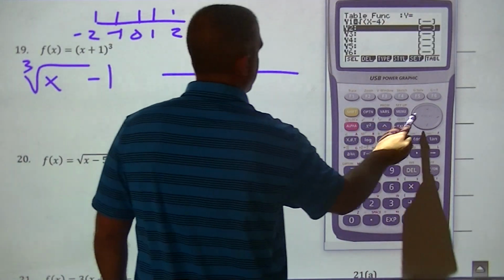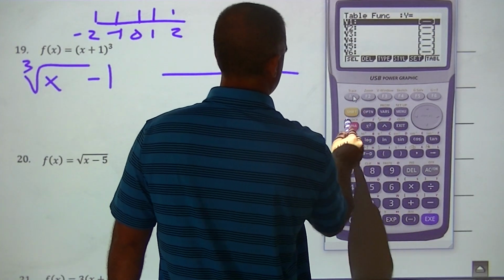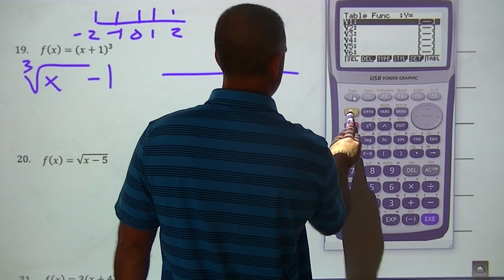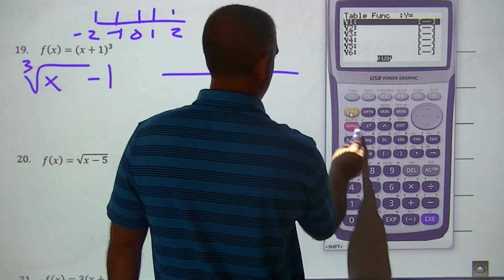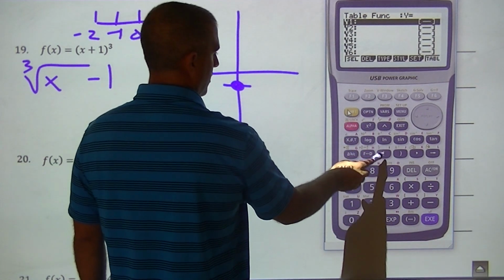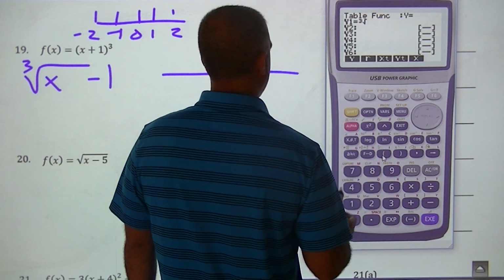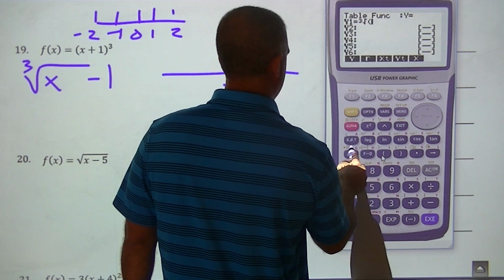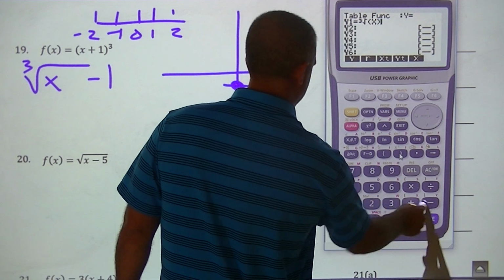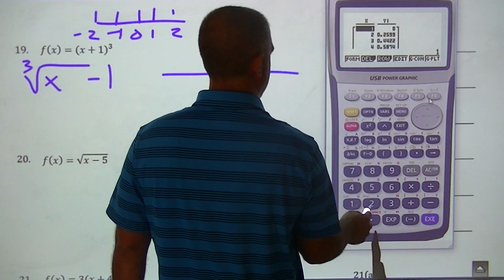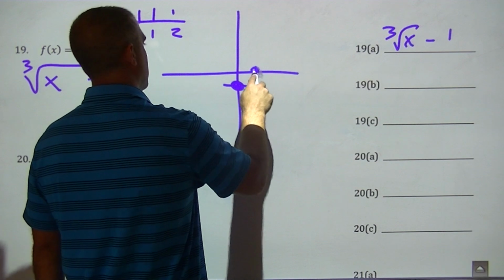Let's go to the table. Cube root, the way you get cube root is shift. And I got x minus 1. So 1 is at 0.